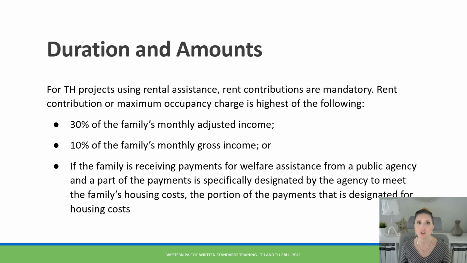It can be 30% of the family's monthly adjusted income, 10% of the family's monthly gross income, or if the family is receiving payments for welfare assistance from a public agency and a part of the payments is specifically designated by the agency to meet the family's housing costs, the portion of the payments that is designated for the housing costs can be what their contribution is.